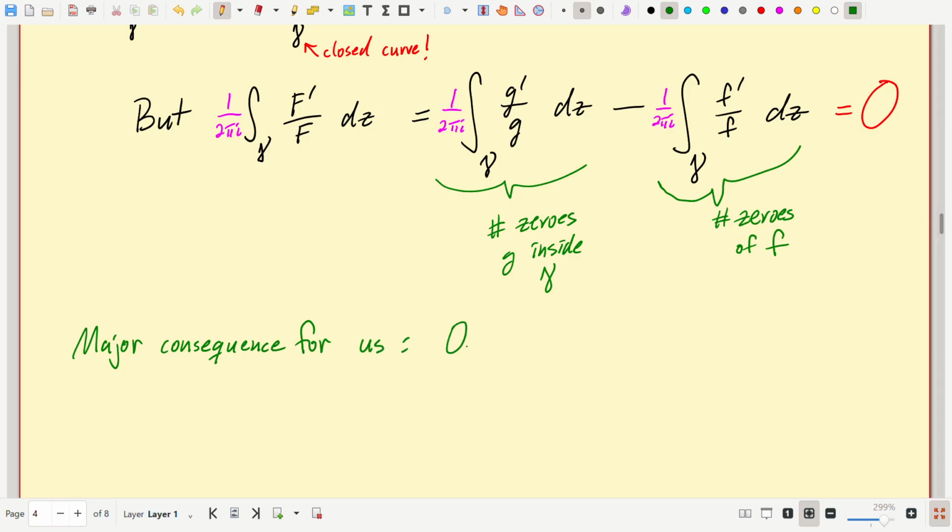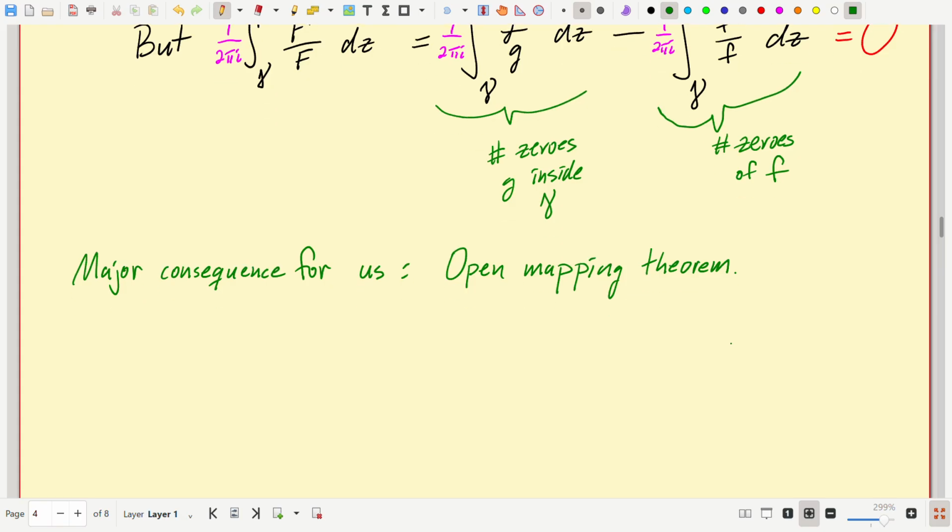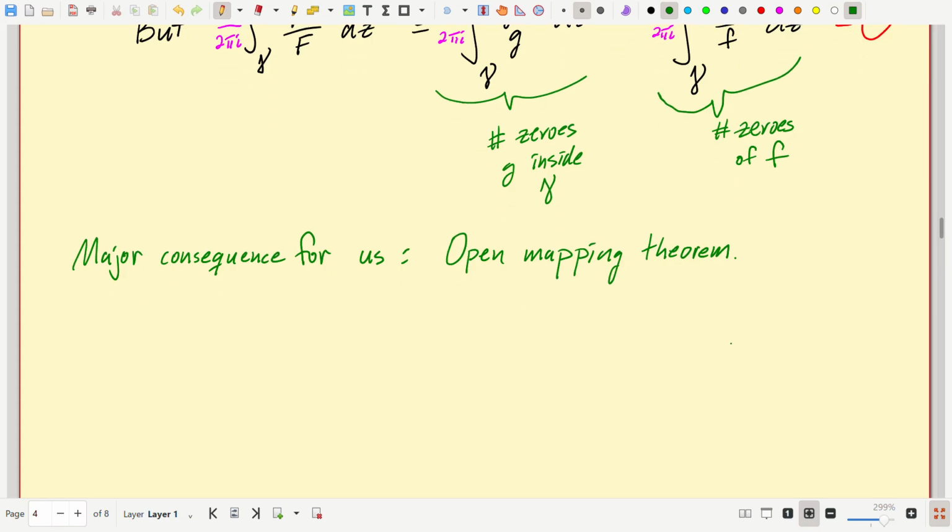is the open mapping theorem. Which is a surprisingly important fact about analytic functions. So the open mapping theorem says that analytic functions map open sets to open sets. Of course, they can't be constant because a constant function would map it to a point.